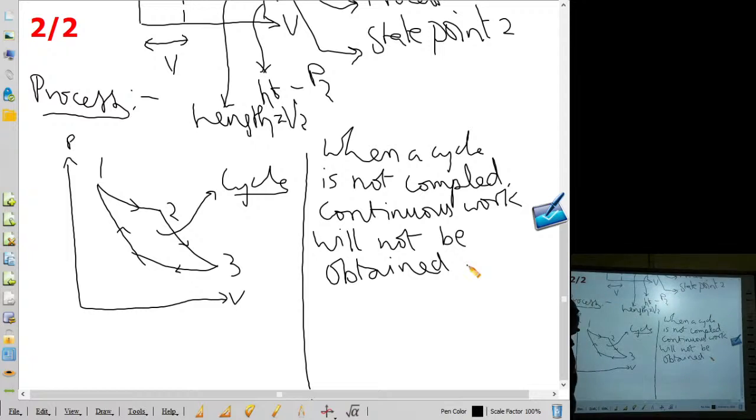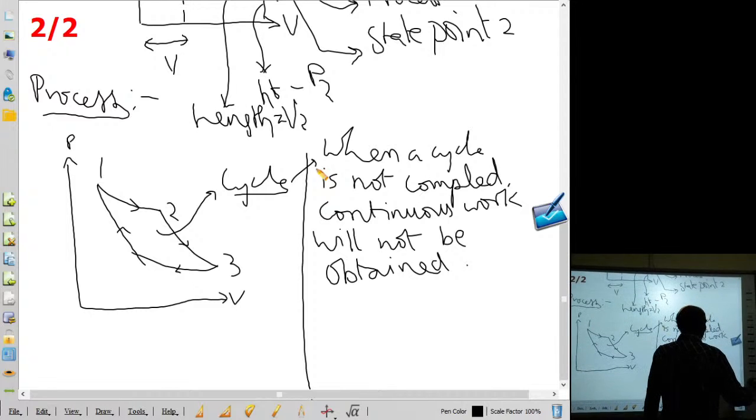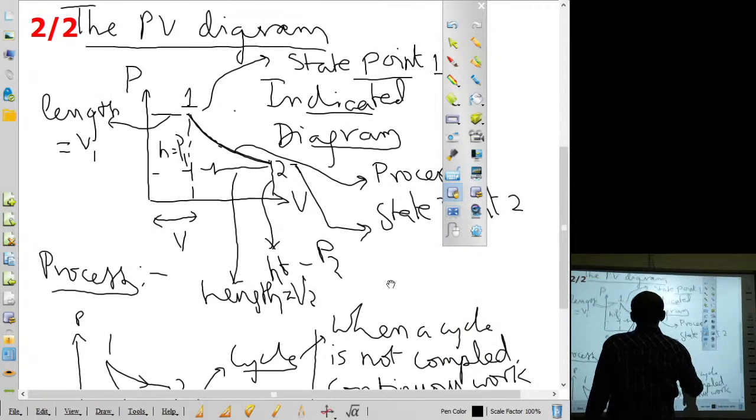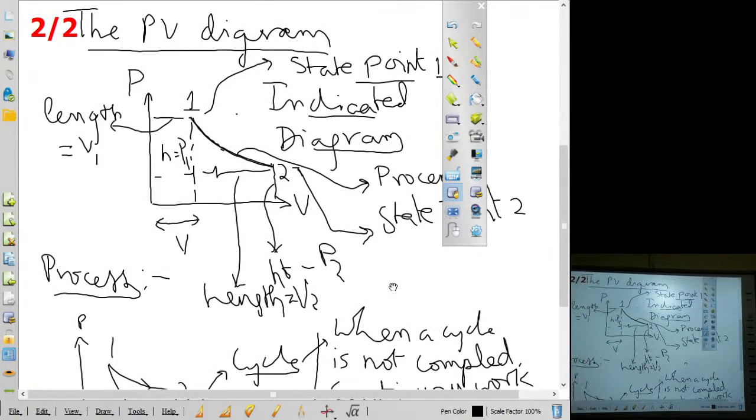So, the definition for a cycle. I have taught you before about a process and then details about a process. For a process it is here. So this is the process. There are more details that we have.